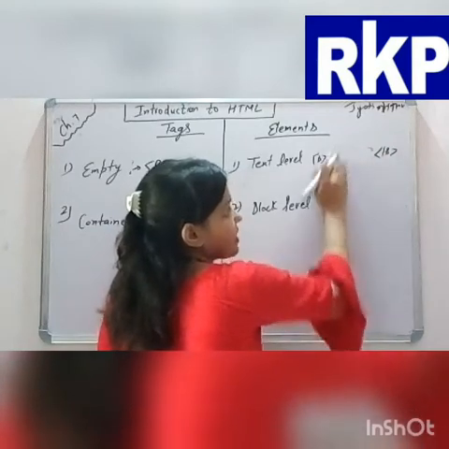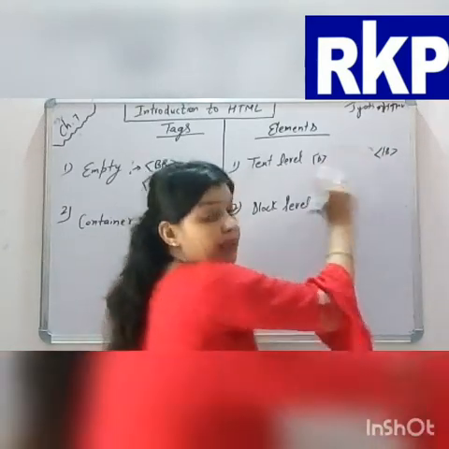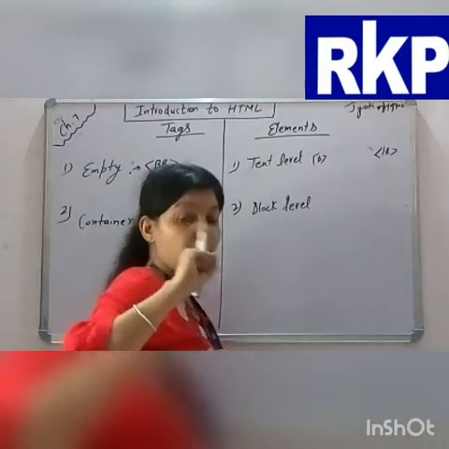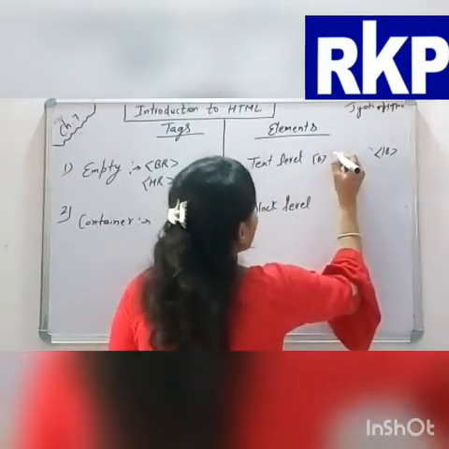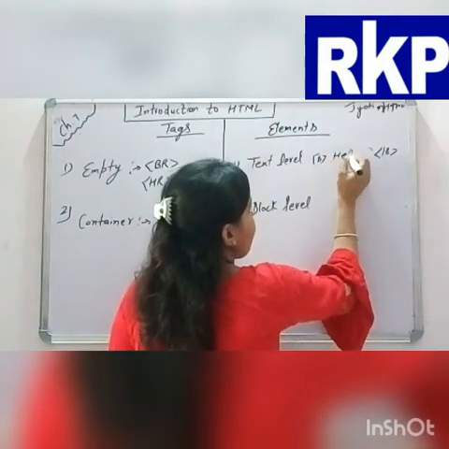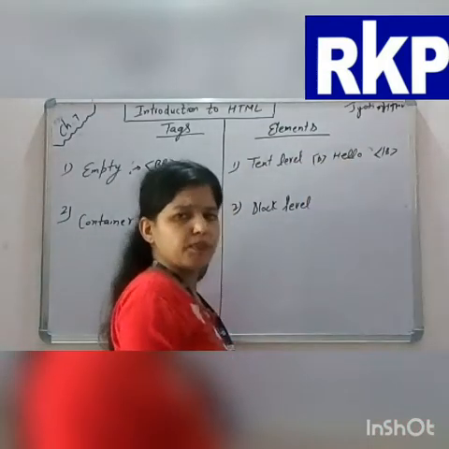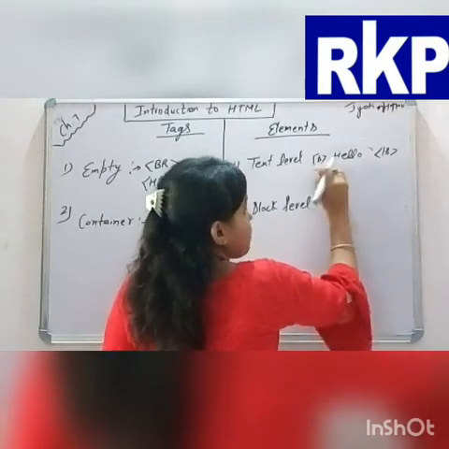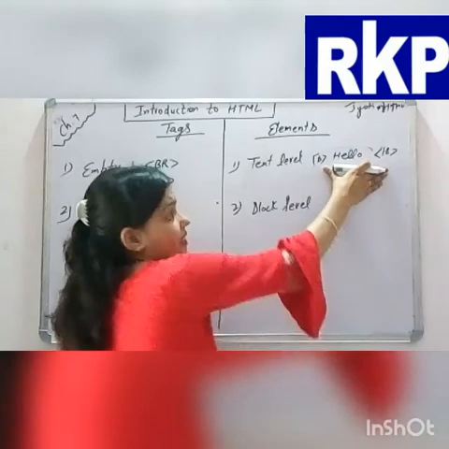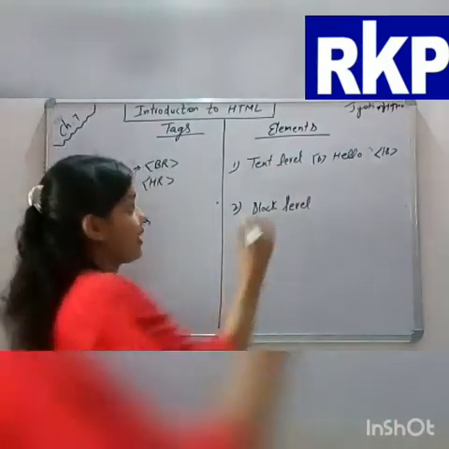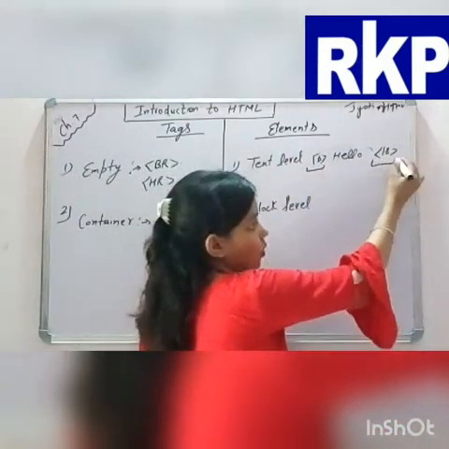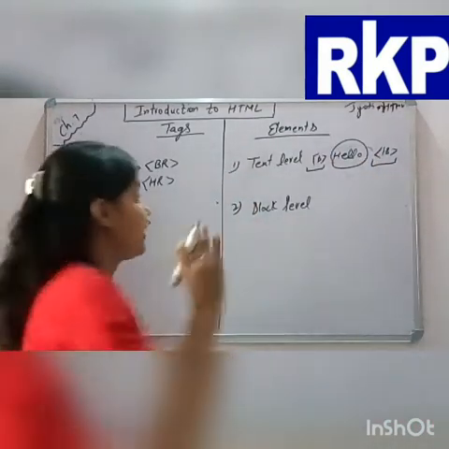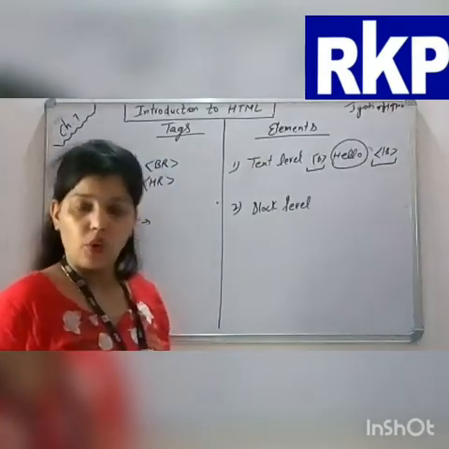Whatever you are writing inside the bold tag will come in bold. Bold means dark black. Here, like you are writing hello, the color can be anything. By default black color will come on the web page. So bold is a text level element. Here one opening tag is here, one closing tag is here, and inside is the content or data. It is text level.